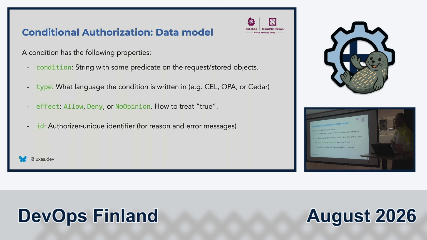It can be allow, deny, or no opinion, which means just consult the next authorizer. That's what we should assign whenever this condition returns true, what meaning should we assign to it? And then just an ID for this.